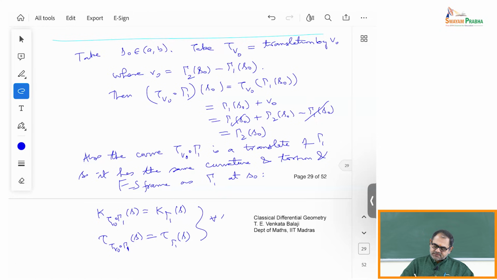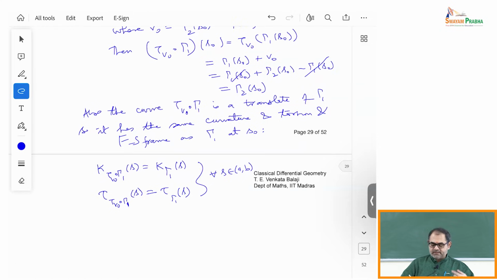And this is for all S in AB. Okay. That's because if you apply a translation, or for that matter any rigid motion, the curvature and torsion functions will not change. So this is valid at every S.